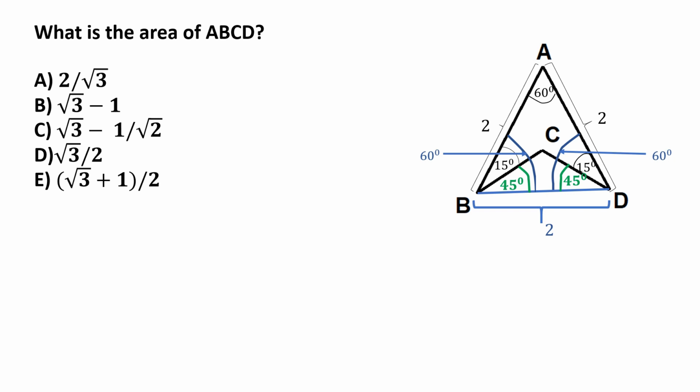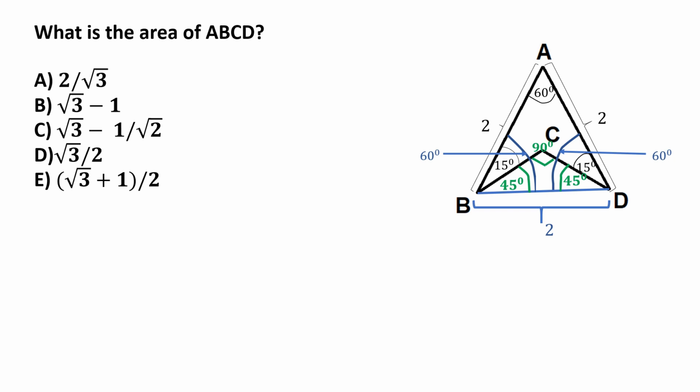Now in triangle BCD, we have two angles that are equal and each are 45 degrees. That makes triangle BCD an isosceles triangle. But it's not just any isosceles triangle. It's an isosceles triangle where two of its equal angles are 45 degrees, and that makes the other angle, namely angle BCD, equal to 90 degrees.